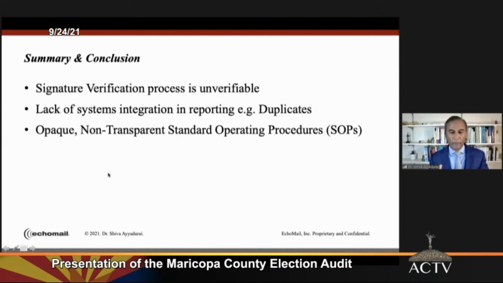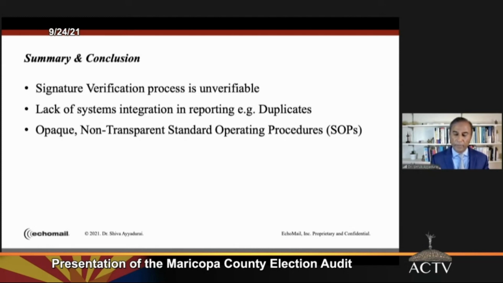So we believe our conclusion is that the signature verification process, no pun intended, is unverifiable. We can't really verify this process. And there's a lack of systems integration and reporting. For example, the EV33s, which should have all the early voting ballots: just on the duplicates issue, we haven't had time to do a full systems integration.